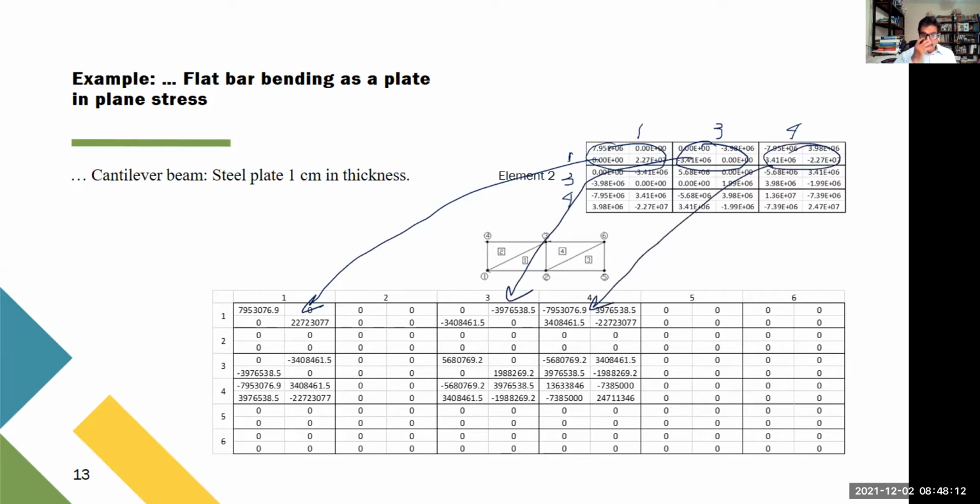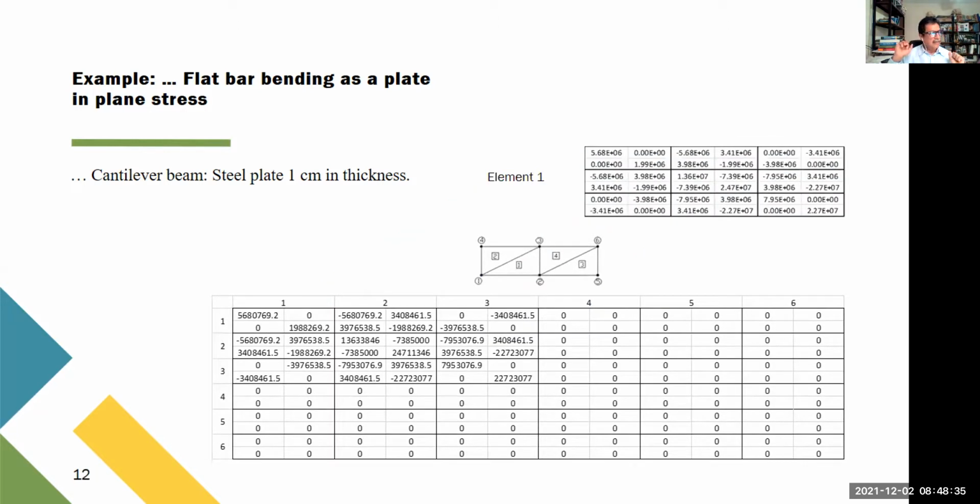Because I did this in Excel, what I did was generate the stiffness matrix of element 2, but in the global sense. So I have the stiffness matrix of the first element in the global sense, because as you can see, I include the 6 joints.